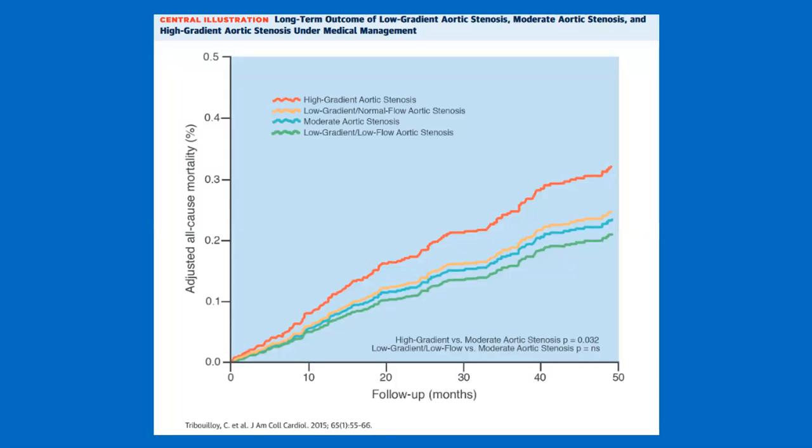A paper from the University of Amiens in France shows that patients who have high gradient aortic stenosis have a higher mortality than those who have moderate aortic stenosis, depicted in blue, low gradient normal flow aortic stenosis in orange, or low flow, low gradient in green. So again, patients who have low gradient, normal flow, in orange here, have a similar outcome to those who have moderate aortic stenosis.